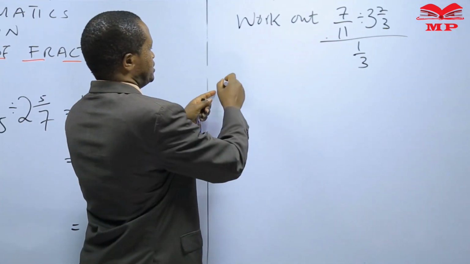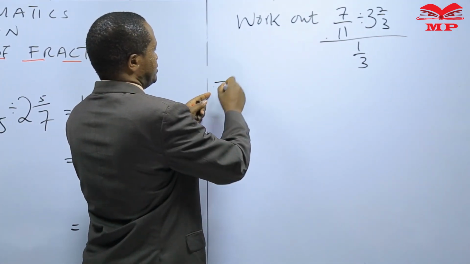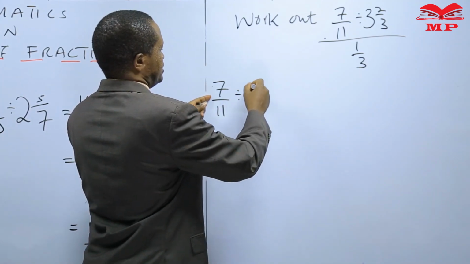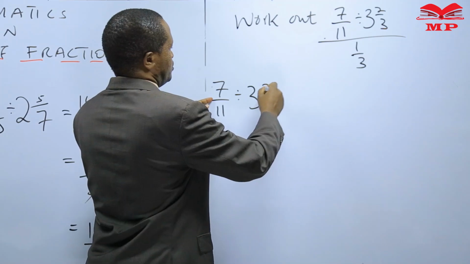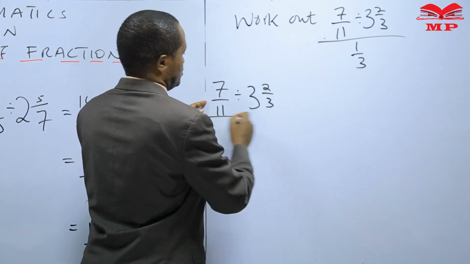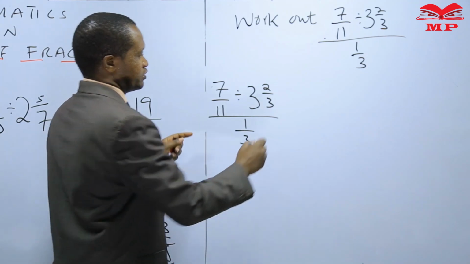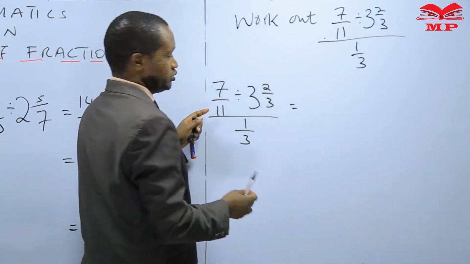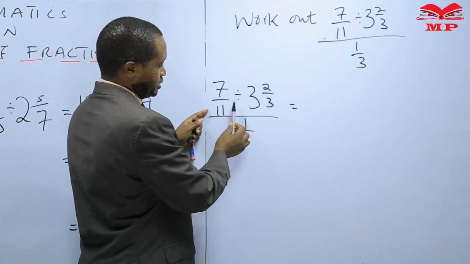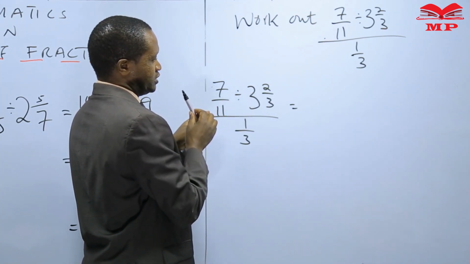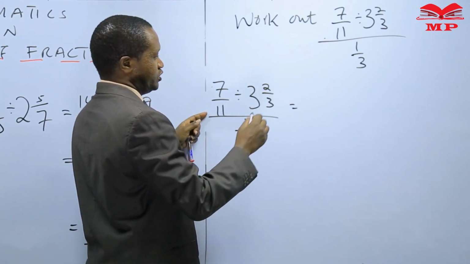So the question is 7 over 11 divided by 3, 2 over 3 over 1/3. So first of all, we are going to work out the numerator. Then we will move on to the denominator.